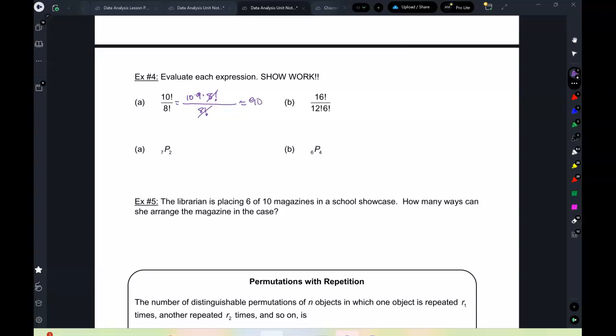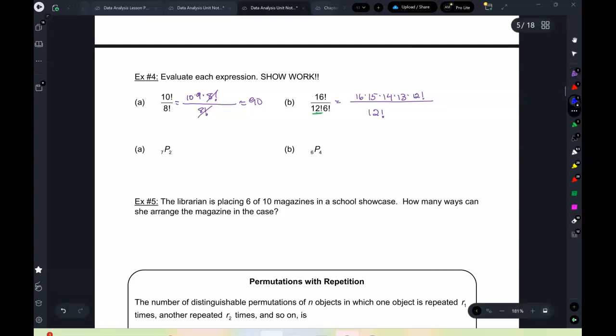Okay, so forgetting all the picking and choosing and the permutations, let's just do this. Okay, so 16 factorial. So this is 16 times 15 times 14 times 13 times, when I get to this number, I'll stop, 12 factorial over 12 factorial, 6 factorial.